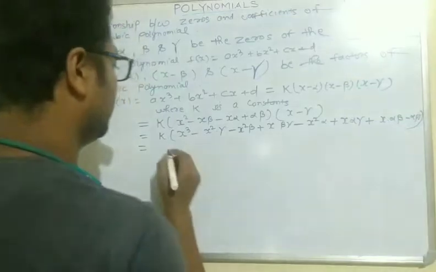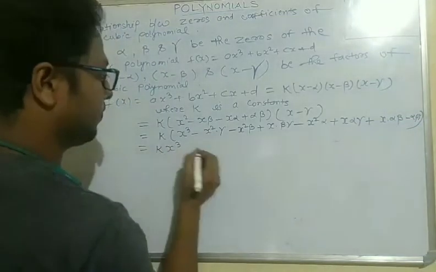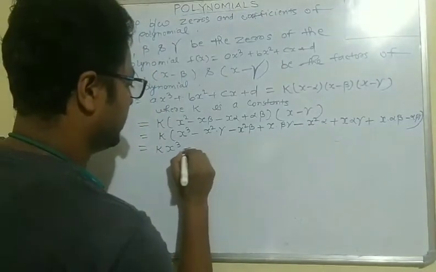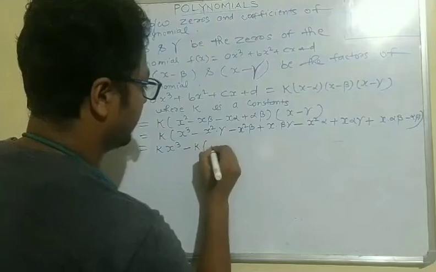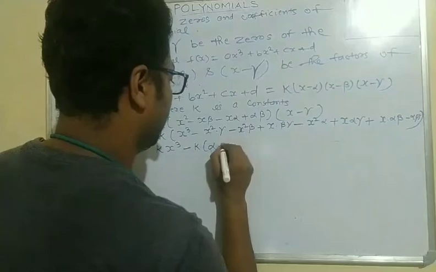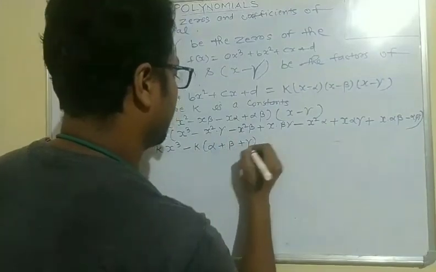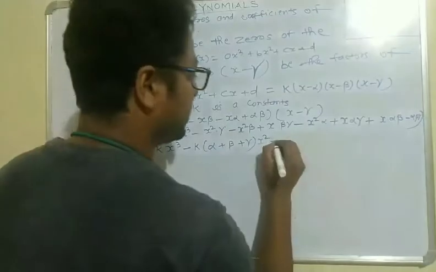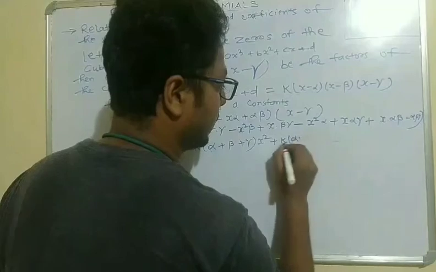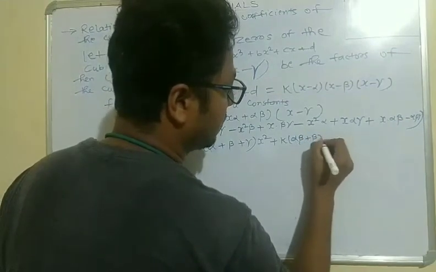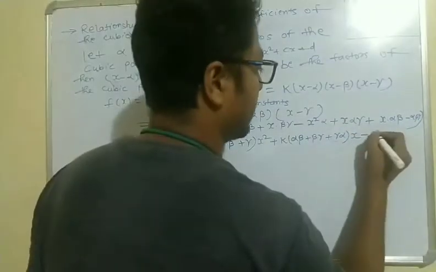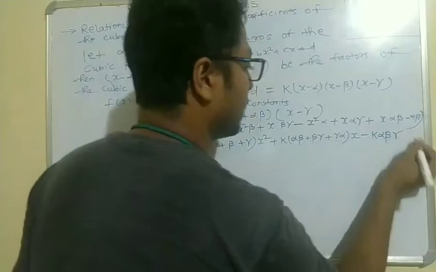There is only one x cube term, so it can be written kx cube. The x square terms give minus k times (alpha plus beta plus gamma) x square, plus k times (alpha beta plus beta gamma plus gamma alpha) x, minus k times alpha beta gamma.